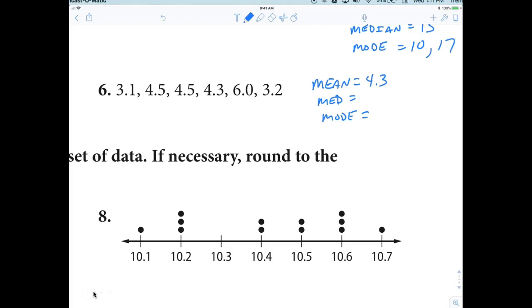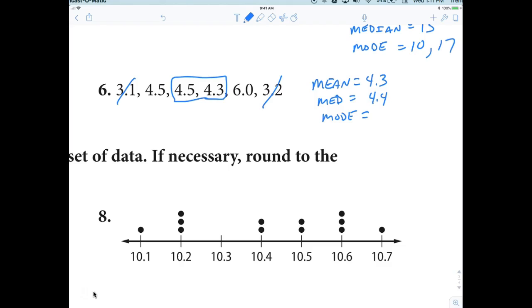What's the smallest? 3.1. Then what? And then what? 4.3 and 4.5. So obviously, his strategy, 4.4 is in the middle. Everybody good with that? So the median is 4.4.